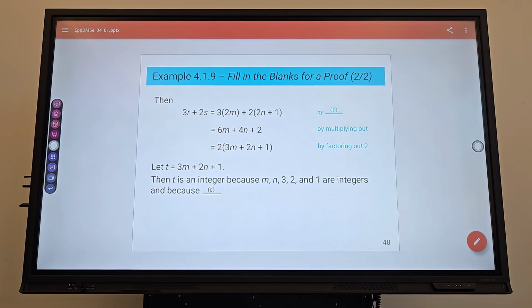And you can let t equal 3m plus 2n plus 1. And t is an integer because m, n, 3, 2, and 1 are integers, and because integers are closed under multiplication and addition.